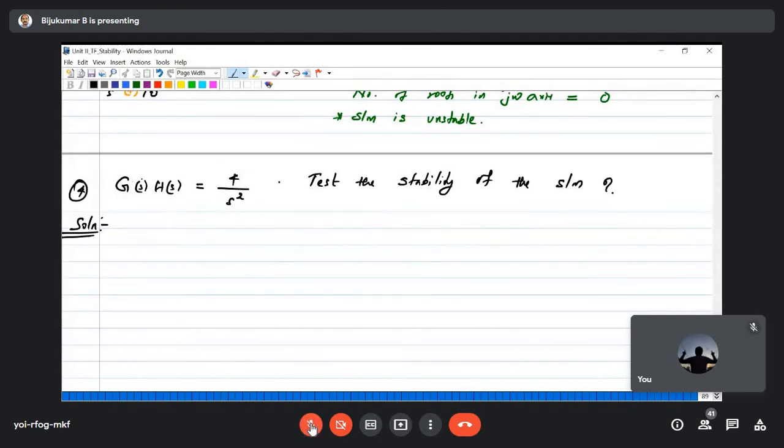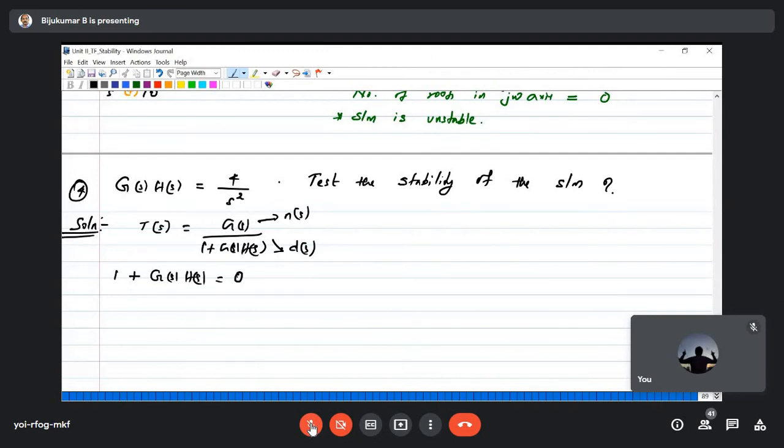See, this is our transfer function, right? G of s divided by 1 plus G of s H of s. So this is our numerator N of s. This is our D of s, right? So the characteristic polynomial is 1 plus G of s H of s.